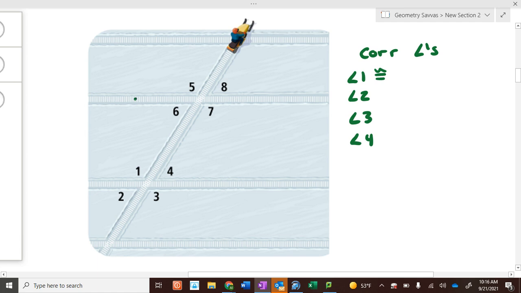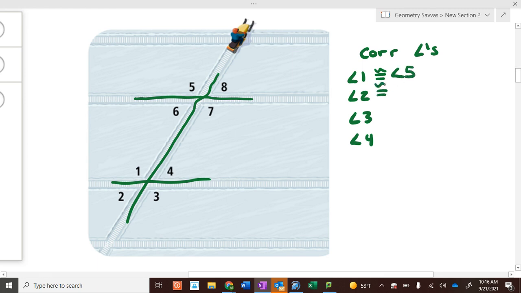So, here's the parallel lines. Here's the transversal. They're in the same corresponding position. 5 is correct. Olivia, which one is corresponding with 2? Same corresponding position as 2. 6.